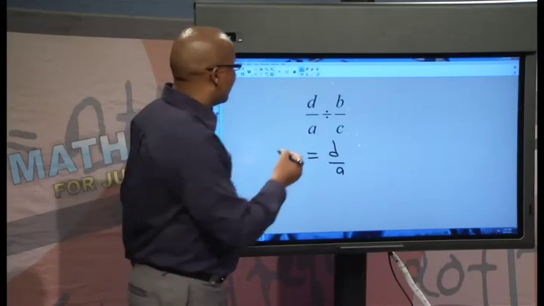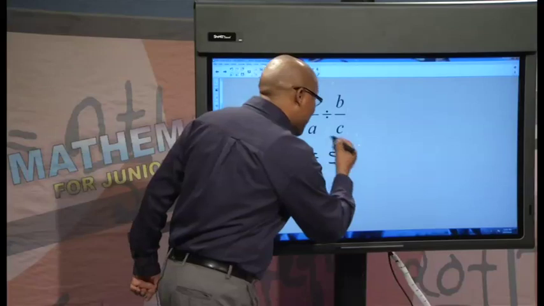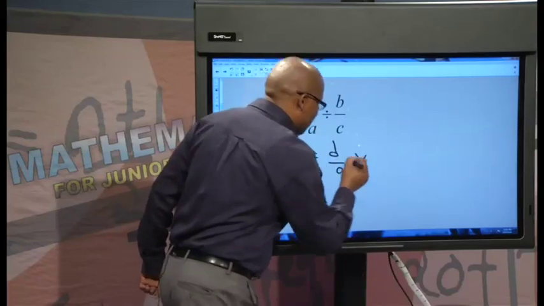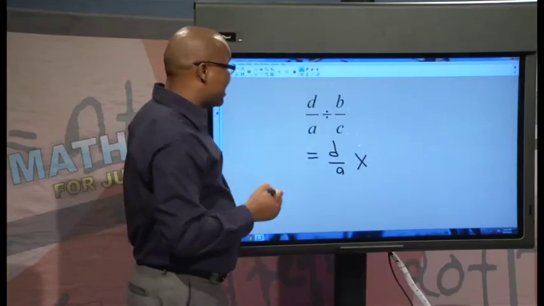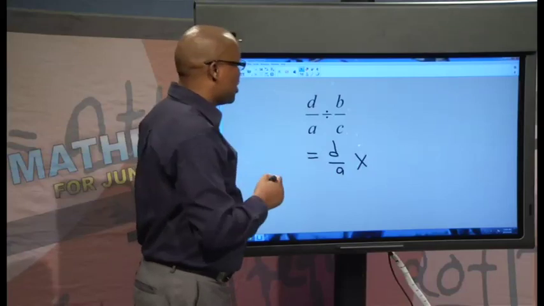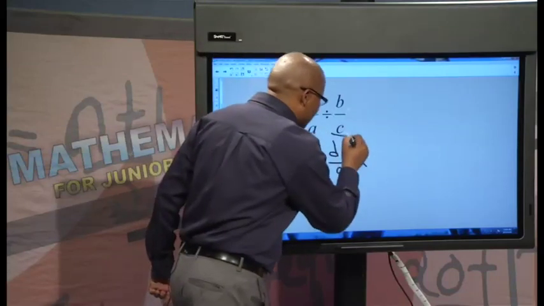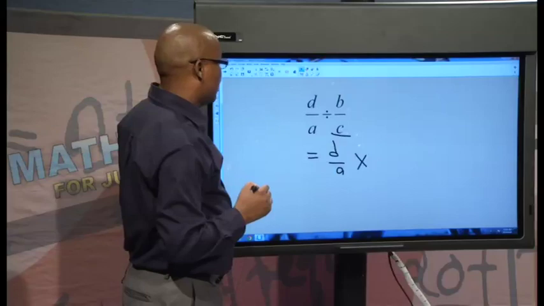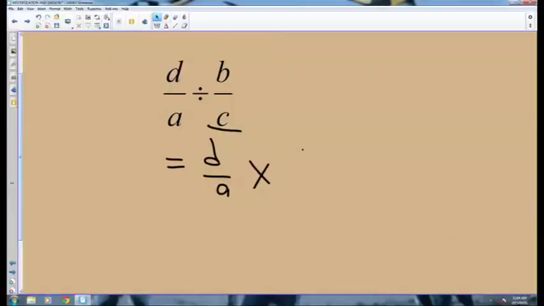So in this case, this is our division sign. So we'll change this division sign to multiplication. Then after changing the division sign to multiplication, you invert whatever comes after the division sign there. So this will be c over b. Not by d, but by b.